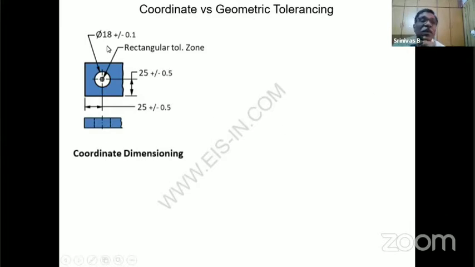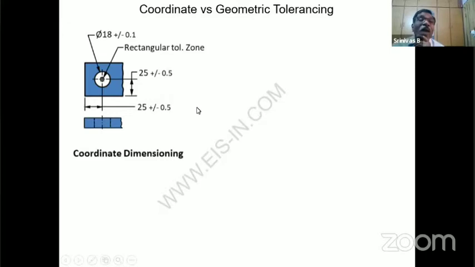You see the size dimension of the hole? This is the size dimension of the hole. Does it have tolerance? Yes, it has. 0.2 tolerance it has. Plus side 0.1, minus side 0.1, it is having 0.2 tolerance.